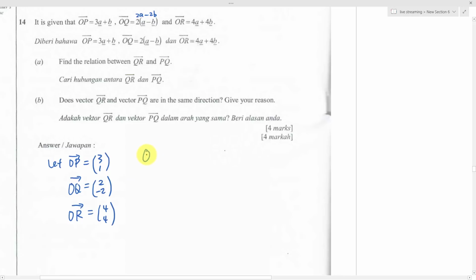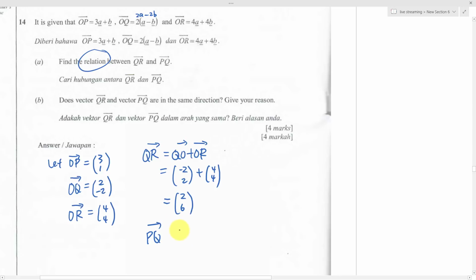Alright, so let me move on. The question asked me to find QR. So QR equals QO plus OR. QO over here is opposite, right? So it's -2, +2. OR is 4, 4. So this one should be 2, 6. Then I want to find PQ because I want to find the relationship between them.